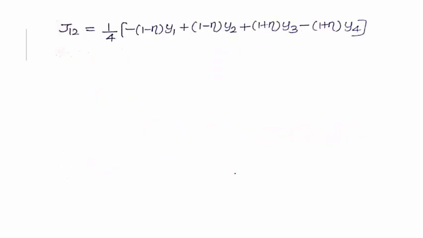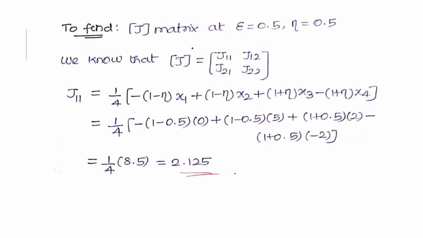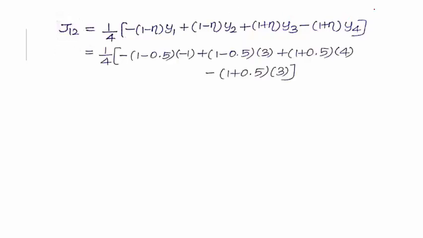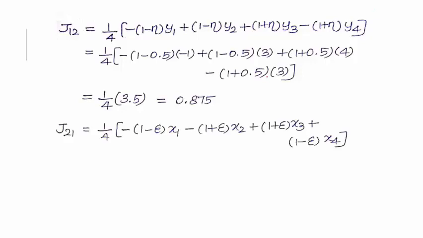Then to calculate J12, we can use this formula. In the J11 formula, just by replacing the x1, x2, x3 and x4 components by y1, y2, y3 and y4 components, we can have the formula for J12. By substituting the values and the coordinate positions given in the problem, we can calculate the value of J12 as 0.875.